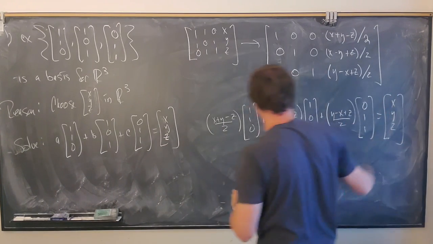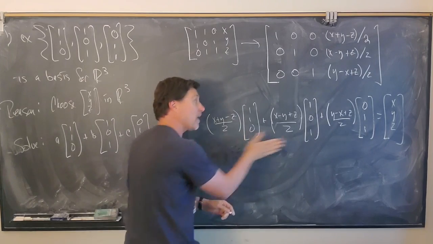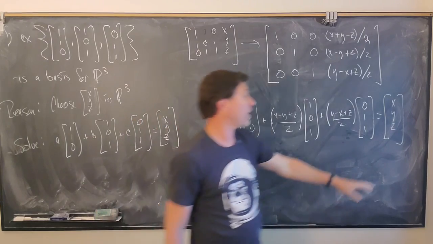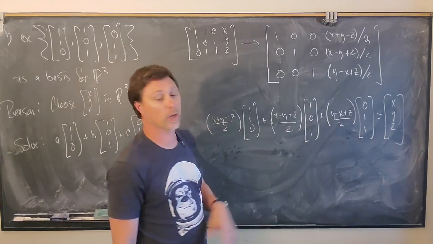So if you tell me x, y, and z, I'll tell you exactly what A, B, and C are. I'll throw them into the formula. That tells us then that every vector x, y, z can be expressed as a linear combination.